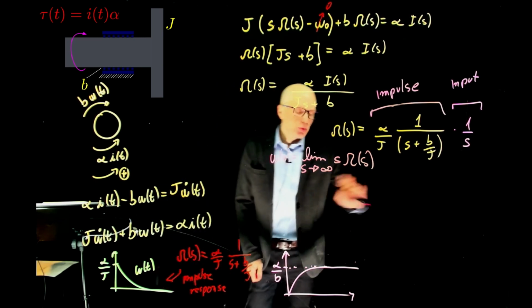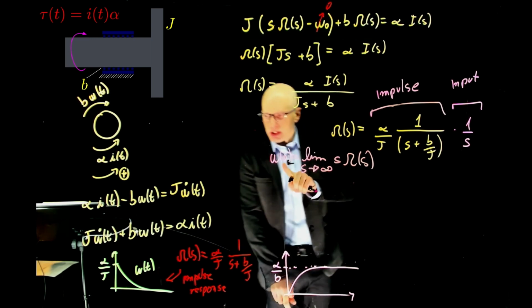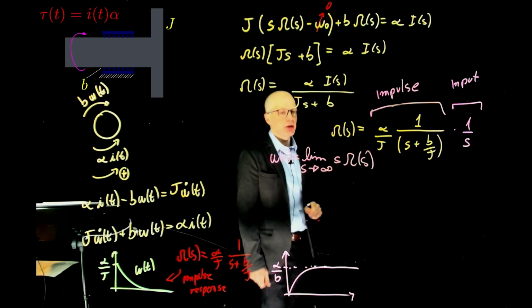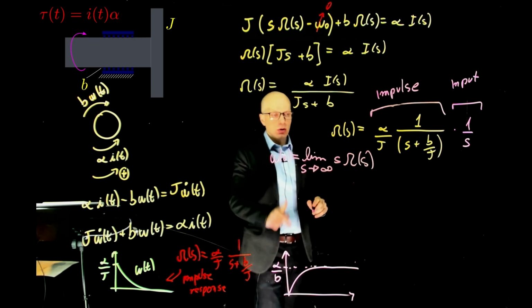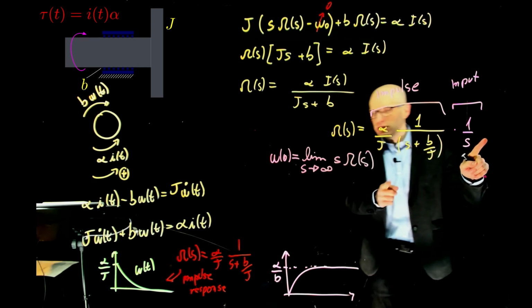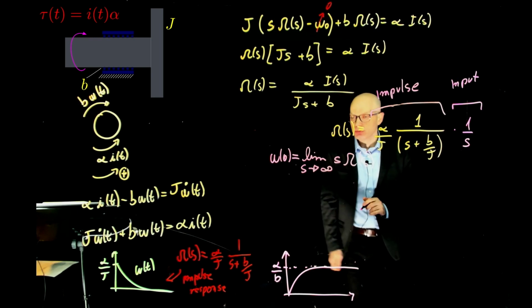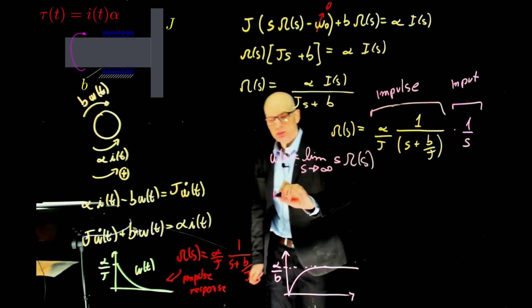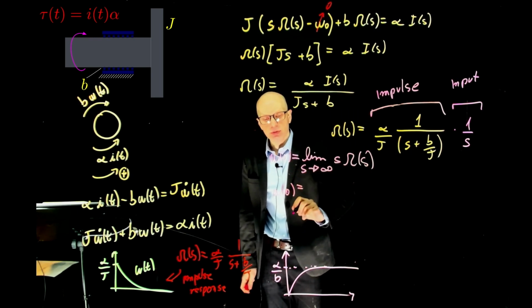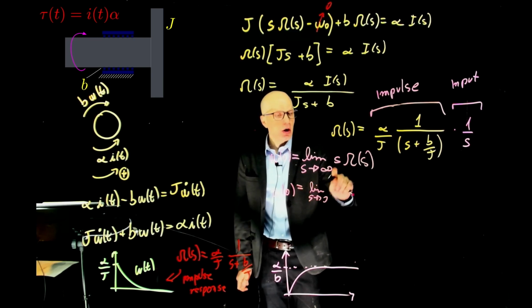But this was a very useful property because we can now look at where the system starts without even computing the inverse Laplace transform. We can simply take the signal of interest, which in this case happens to be the speed, multiply that by s, and take the limit when s tends to infinity. So omega at time 0 will be the limit when s tends to infinity of s times that.